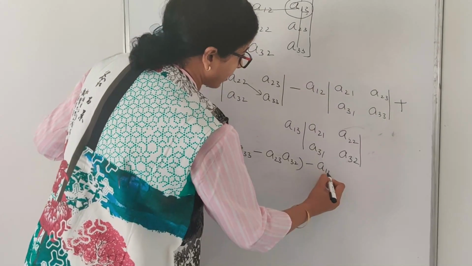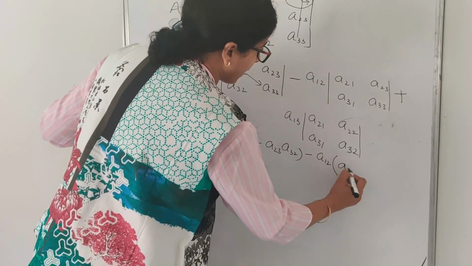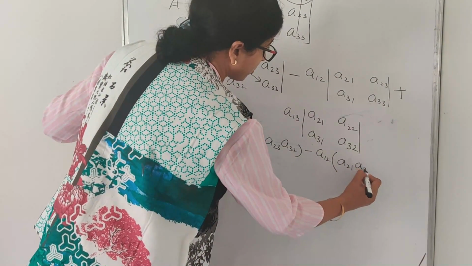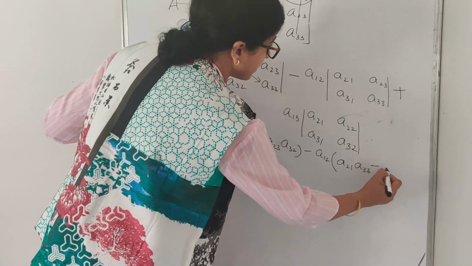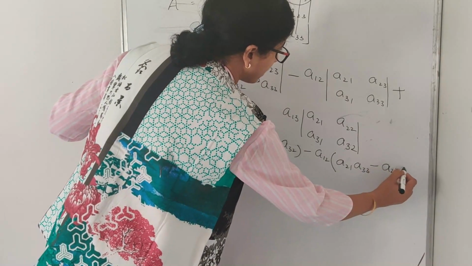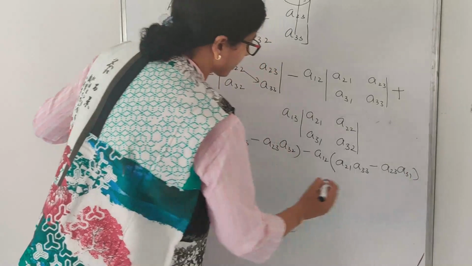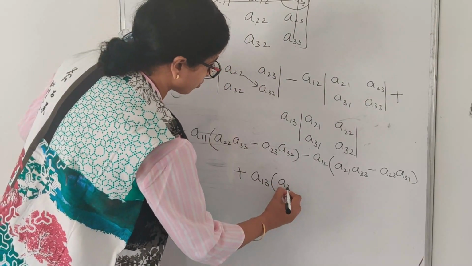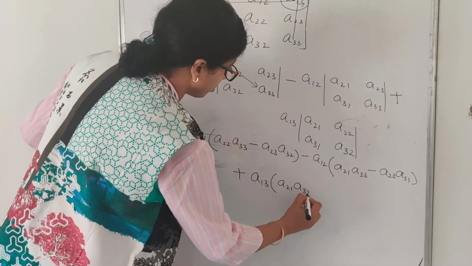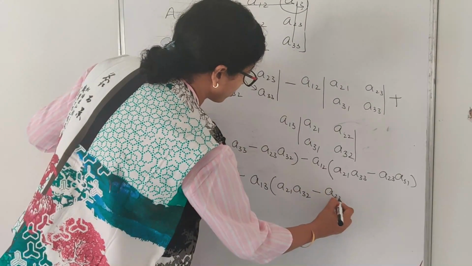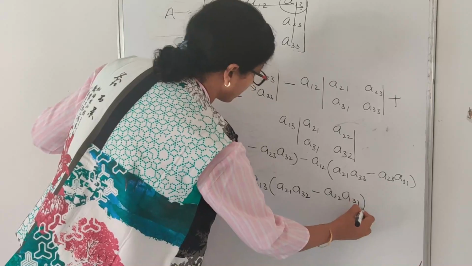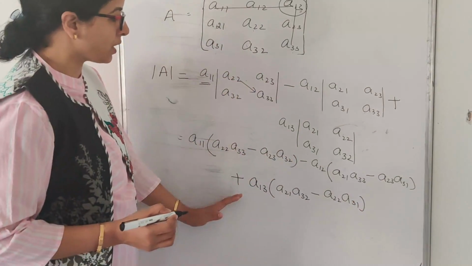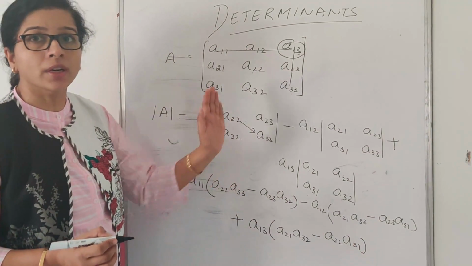Minus A12 bracket A21, A33 minus A23, A31 plus A13, A21, A32 minus A22, A31. So this is the expression associated with the square matrix of order 3.